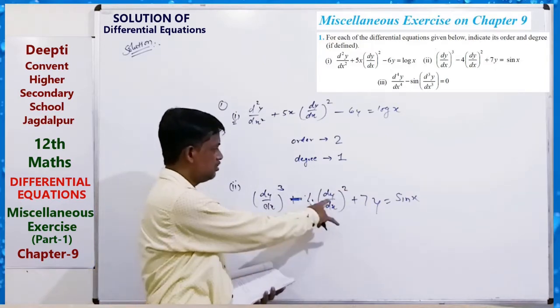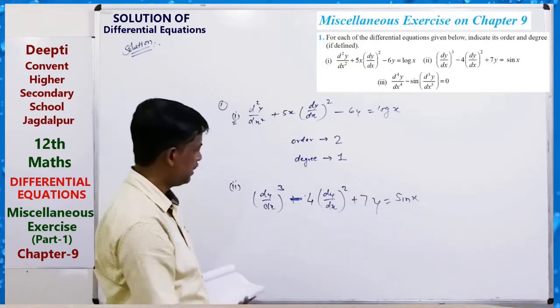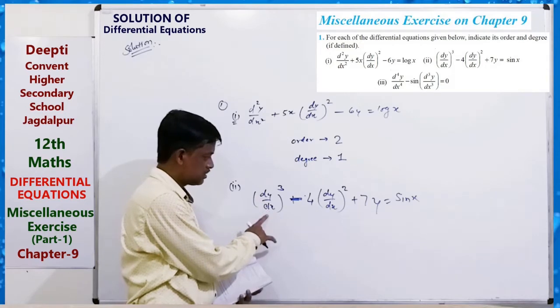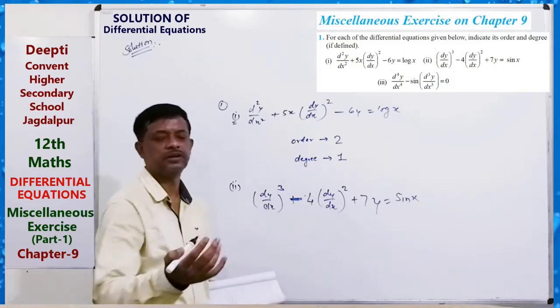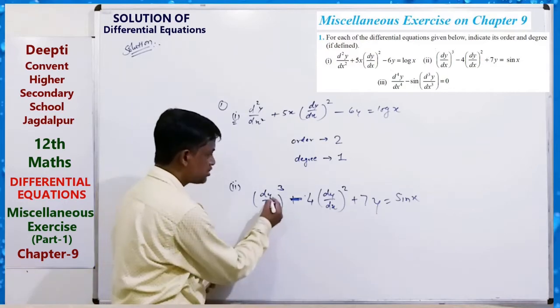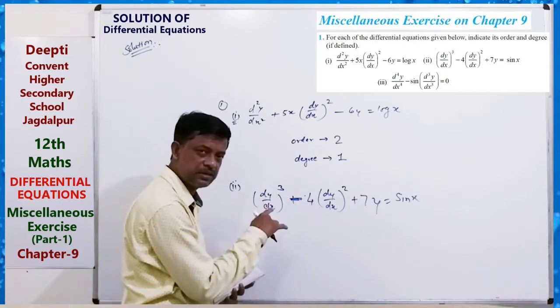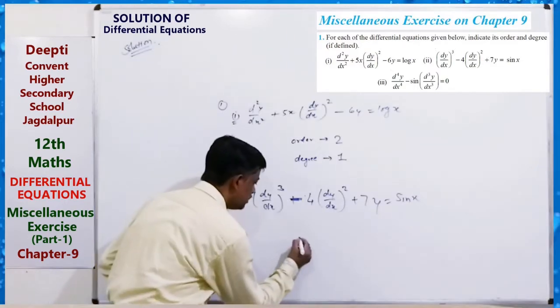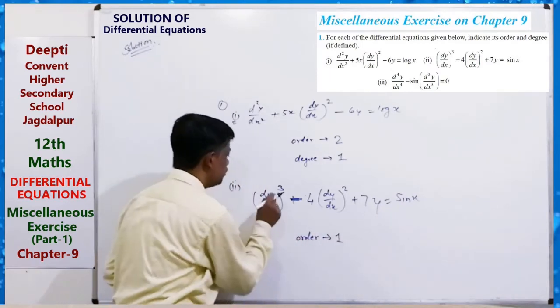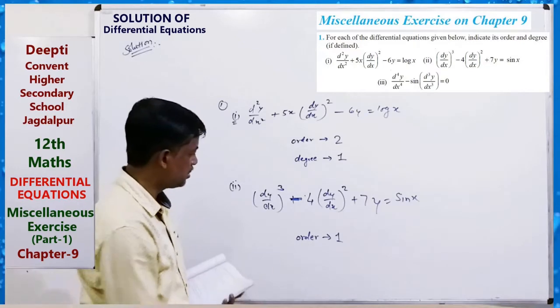The highest order derivative present in this equation is dy by dx, so the order is 1.